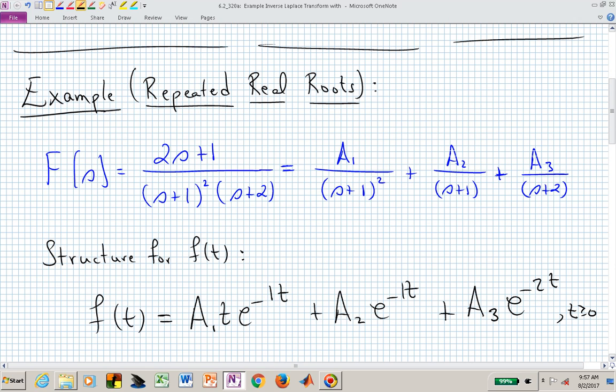In this particular case, I hope you can see that the 1 here is giving rise to that 1, and that 2 gives rise to the minus 2 in the exponent. What's different here is that the squared term now gives rise to a t sitting in front of that first partial fraction expansion piece or term.